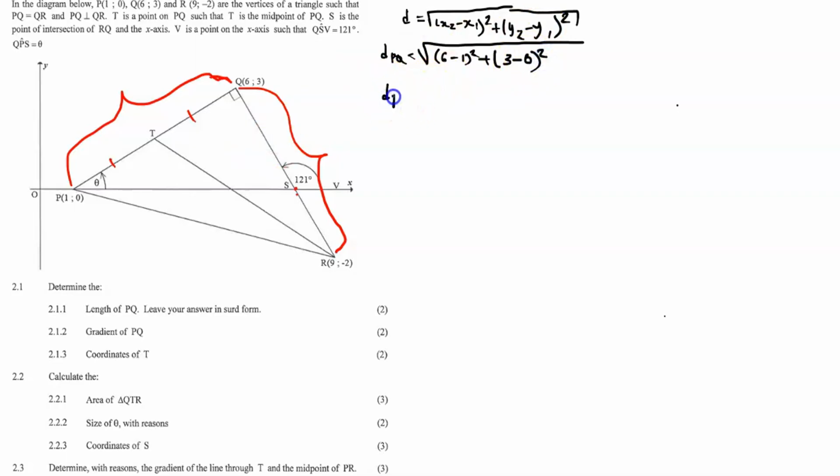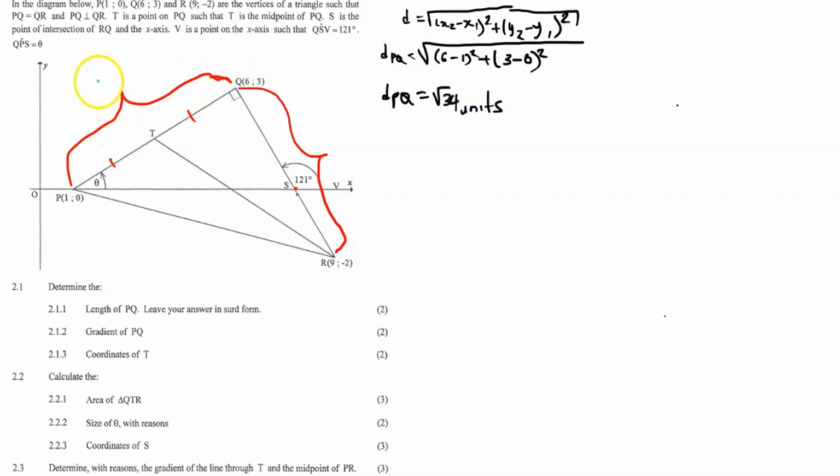And then you just punch this on your calculator, you get the answer, and you write it down. So the square root of 6 minus 1 squared, plus 3 squared, and then it gives us the square root of 34. So this gives us the square root of 34 units, since it's the distance.